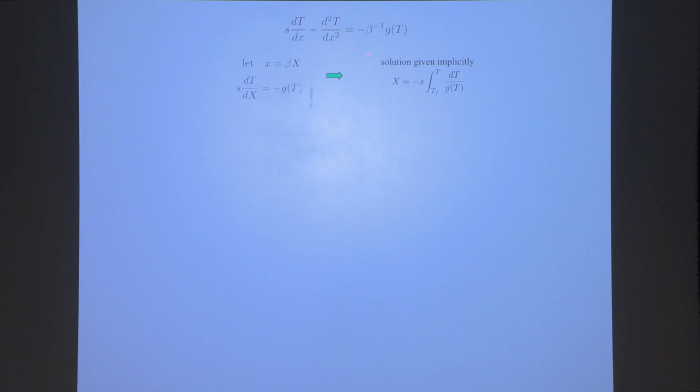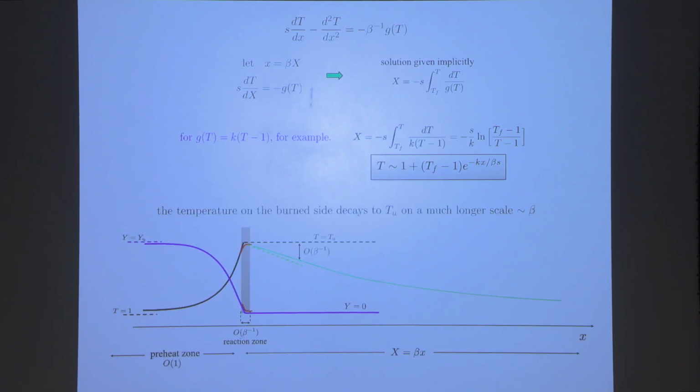This is the solution implicitly, or for conductive losses, it's simply an exponential, but an exponential that decays much, much slower than before. And so the clear picture is that there is an exponential decay to zero, which is physically more realistic.